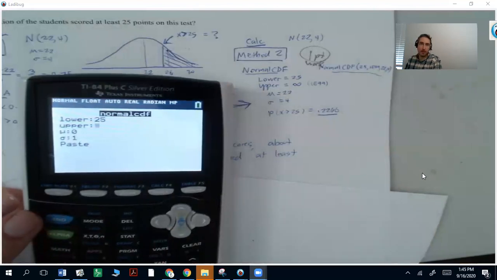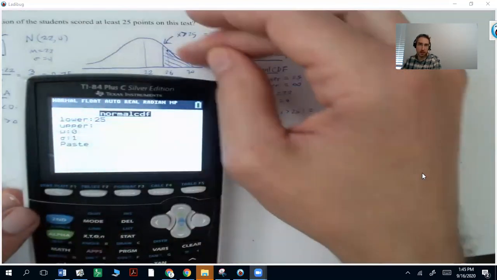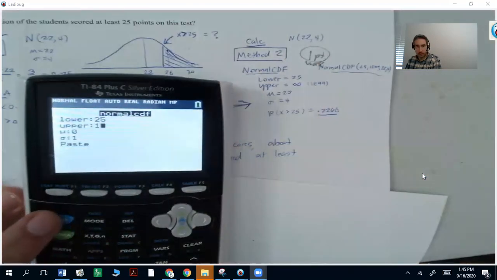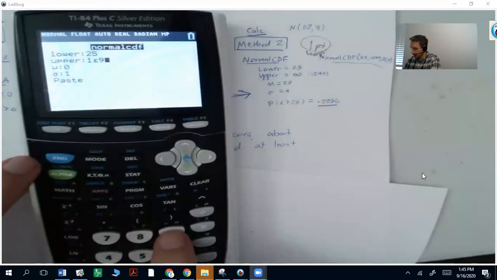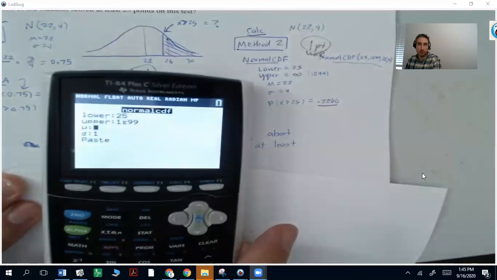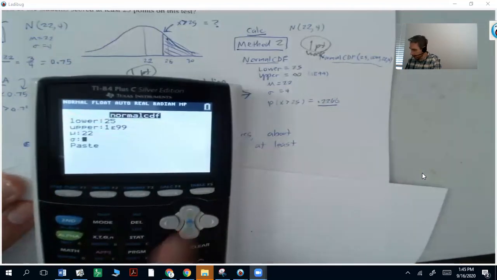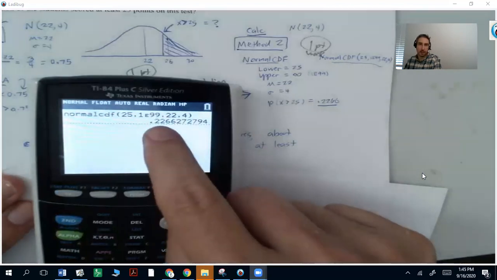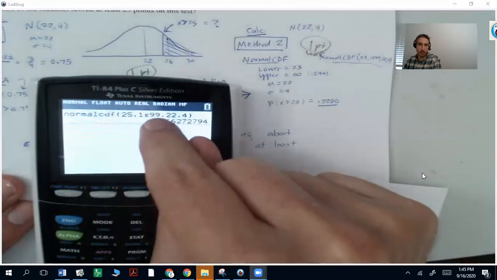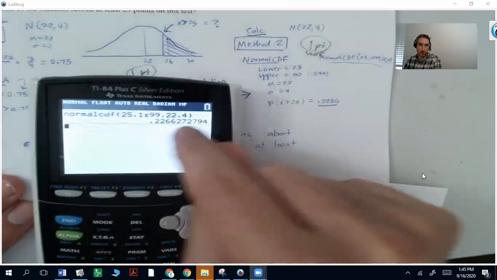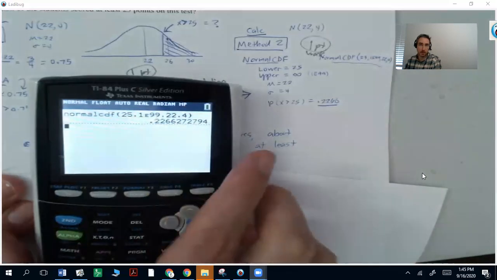Your upper has to be infinity, because this is gonna go on forever. So you would say 1E99. Your mean would be 22, and your standard deviation would be 4. Since this has an upper bound of infinity, it's going to give you the correct percentage, 0.2266.